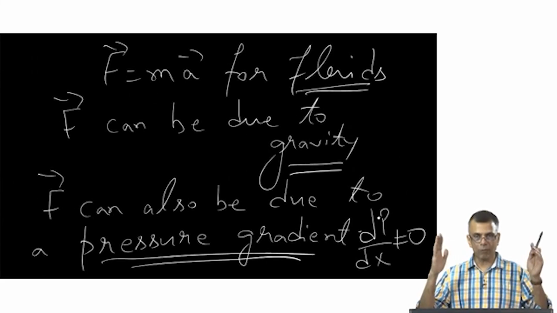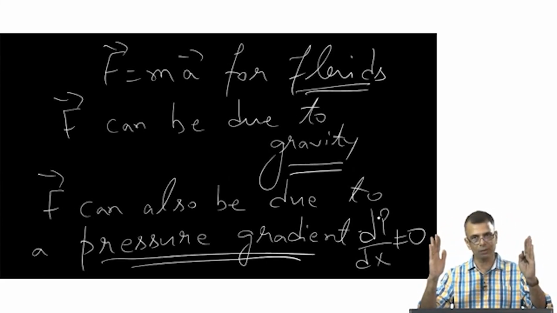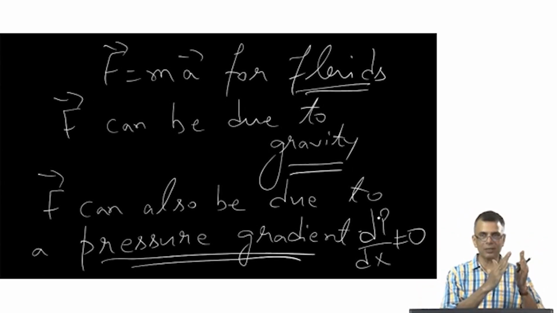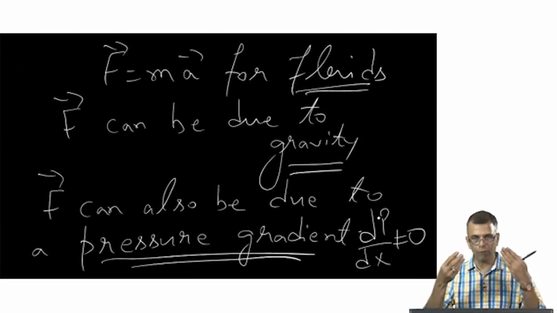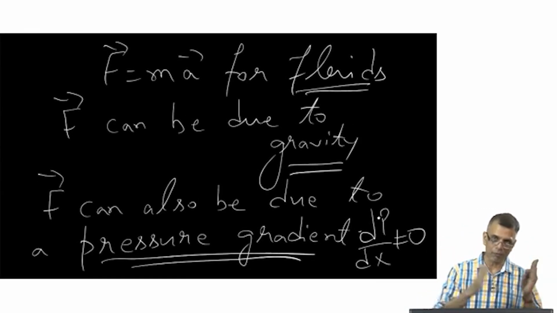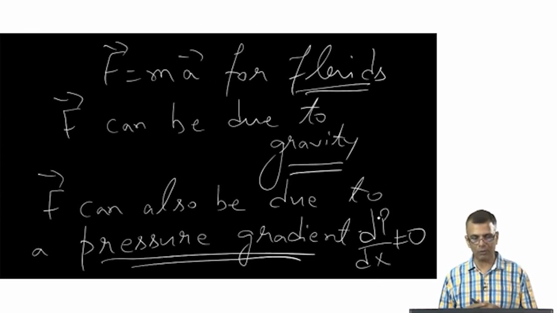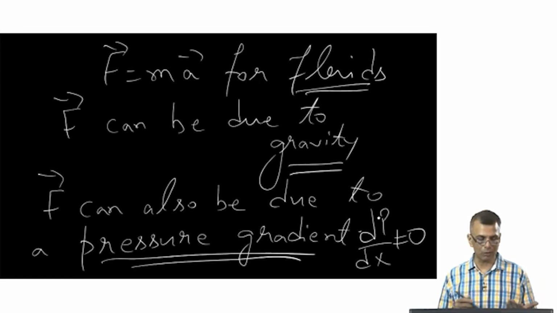The fluid is flowing because there's high pressure here and low pressure here, so the pressure gradient is causing the fluid to flow. In other words, there's a force on a fluid element due to the pressure gradient that's causing it to flow.